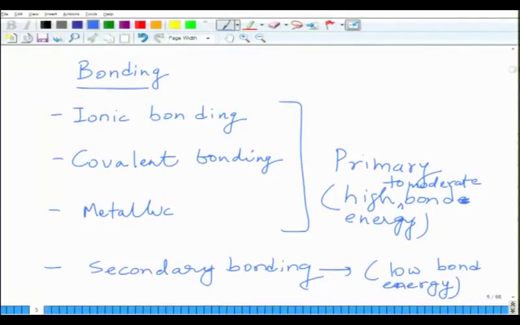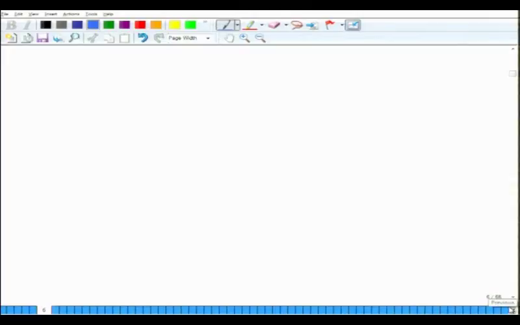So, I will show you the bond energy magnitudes later on as we move on, but there is a substantial difference between the bond energy of the two, and that is why materials which are purely covalently or ionically or metallically bonded are stronger than materials which are secondary bonded. So, let us look at the ionic bonding to begin with.